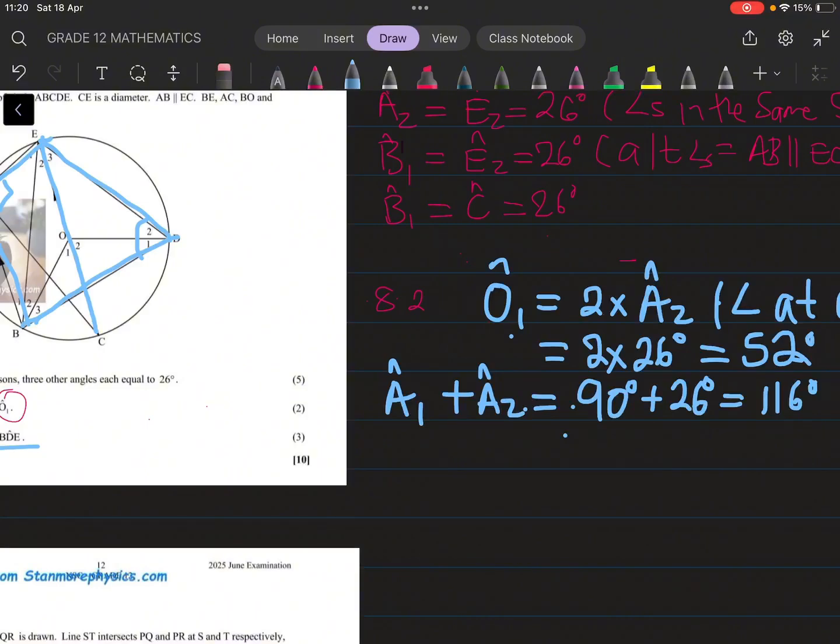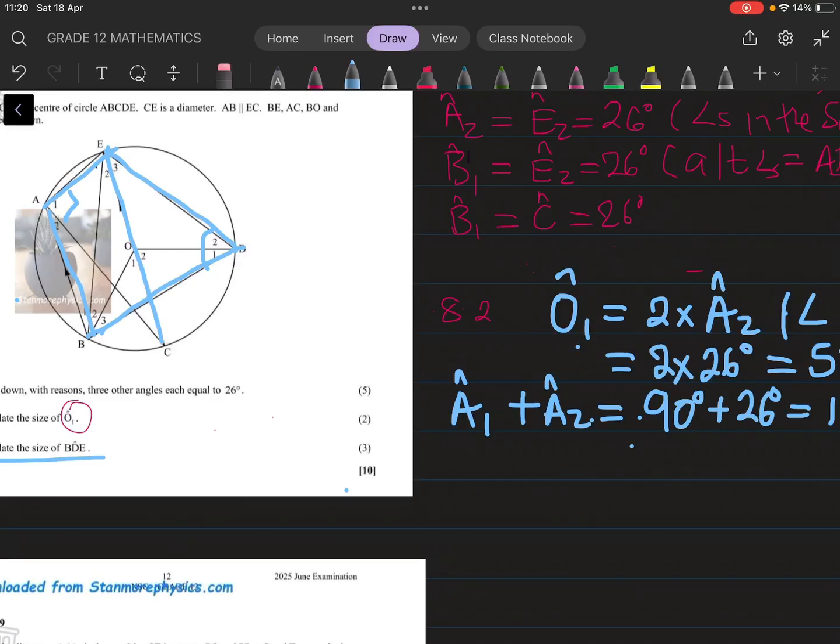So going to the question now, we're going to have angle BAE. When we add it with angle BDE, they give us 180. Why are we saying they give us 180? Because it is a cyclic quadrilateral.